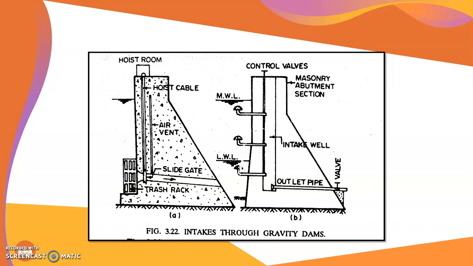The entry can be in the form of a trash rack, or multi-level entries are used. The water is conveyed through the outlet pipe, and water generally flows on the downstream side of such gravity dams under the effect of gravity, and then it can be lifted, if needed, with the help of a pump.